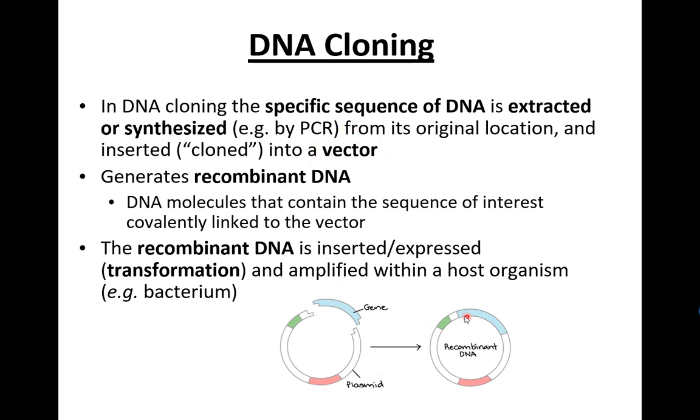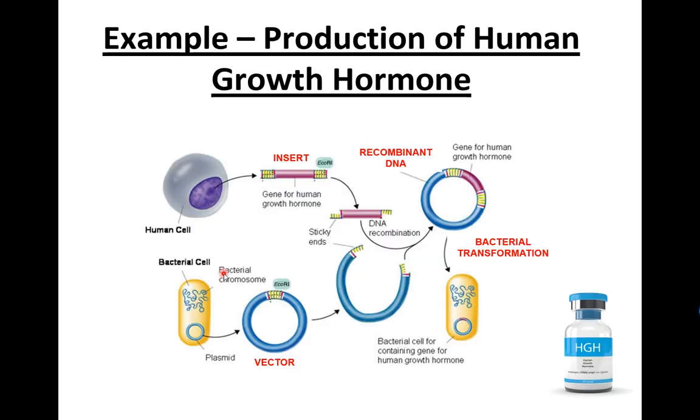And then you produce this mixture of your target sequence, or sequence of interest, and the vector, and this is referred to as recombinant DNA. Again, then you would take this recombinant DNA and insert it either within the final target, or if you want to produce more and more, into a bacterium through a process referred to as transformation.